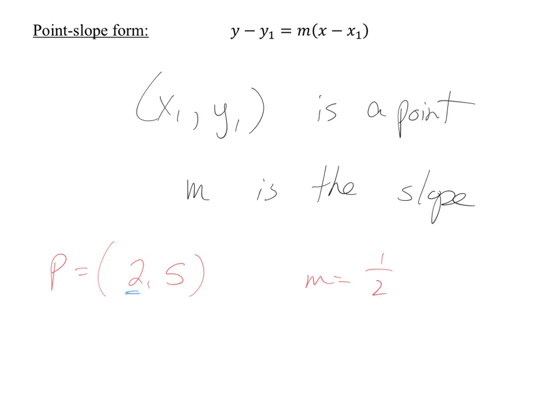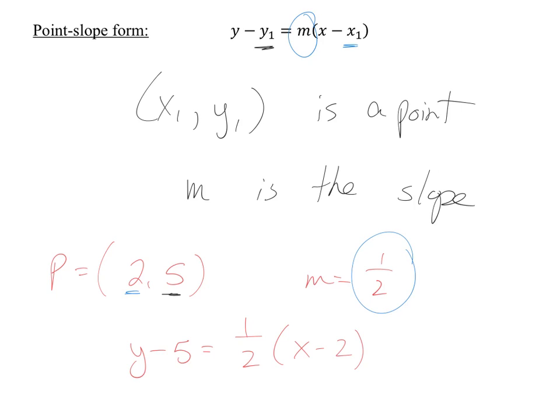The 2 goes in for x1. The 5 goes in for y1. And the 1/2 goes in for m. And there's your equation.